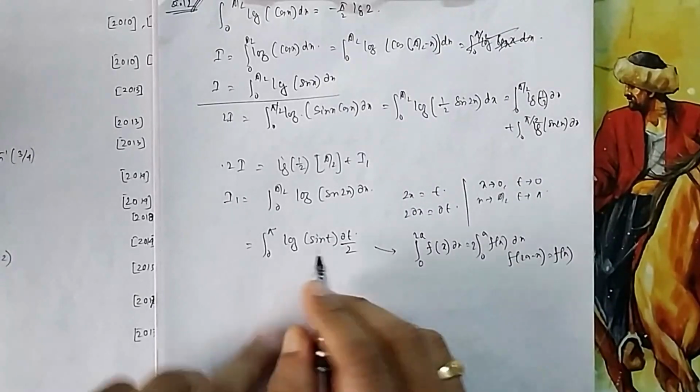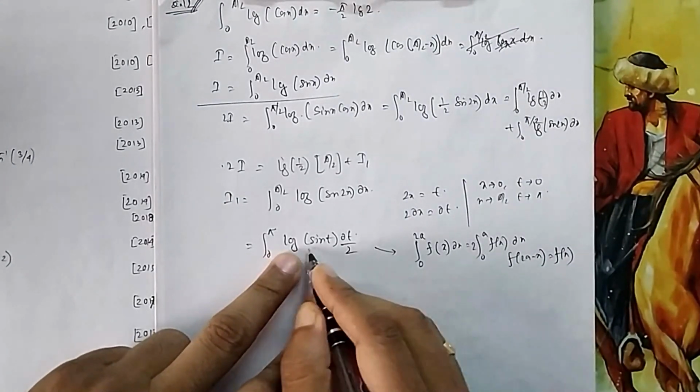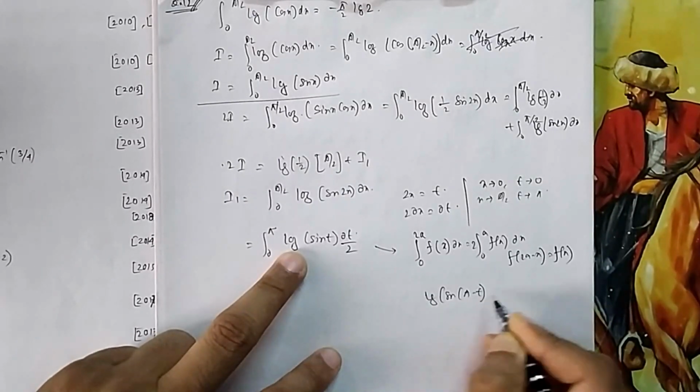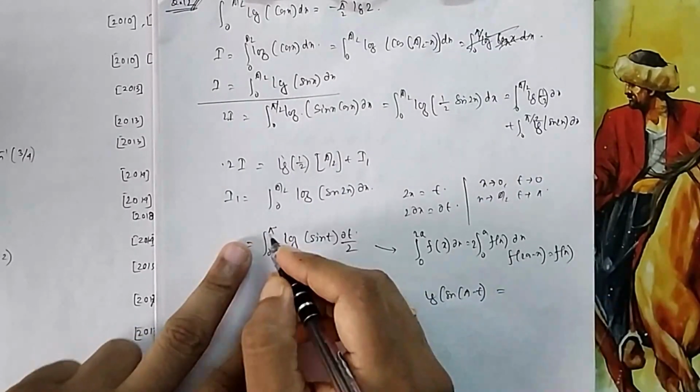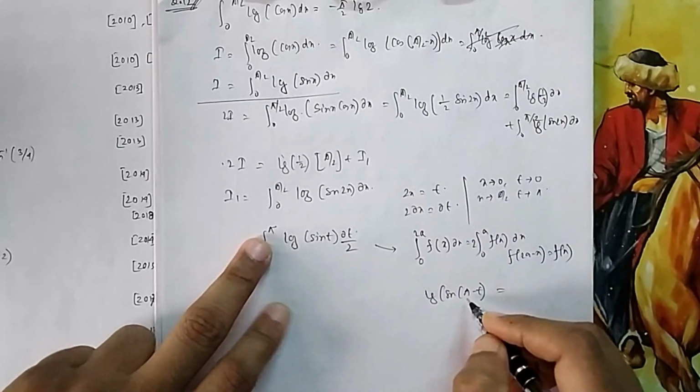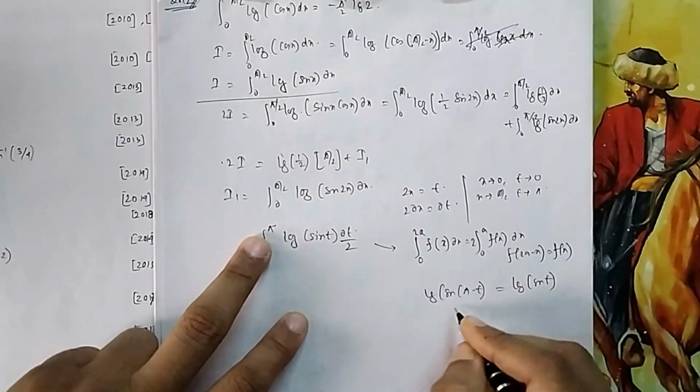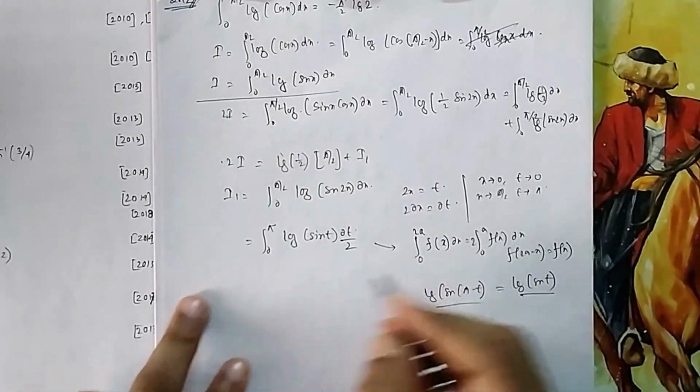What is log sin of pi minus t? Here pi is 2a. Sin of pi minus t gives log sin t, the original function coming back, no change. So therefore you can apply this one.